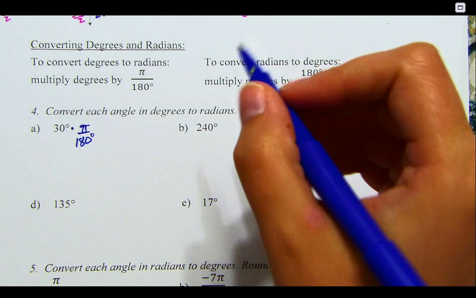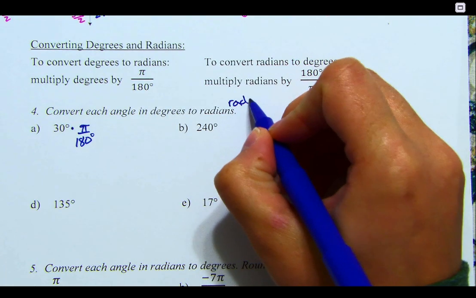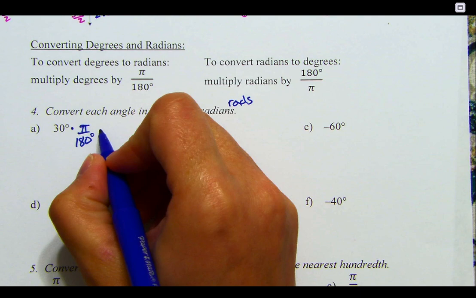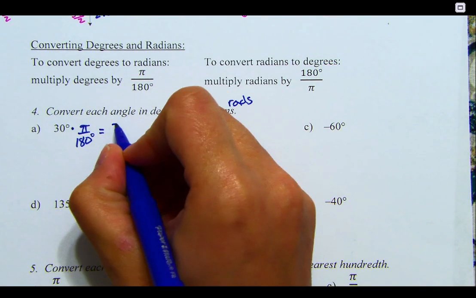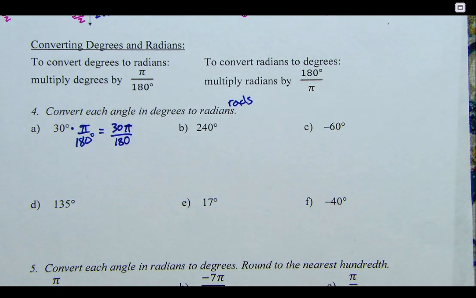Usually the short version of radians is rads when we write it. Think about your science classes and how you do your conversions to get the labels to cancel out. It's the exact same idea when we're converting between degrees and radians. When we do that, we just multiply straight across. So this would be 30 pi over 180, and then we want to simplify that.